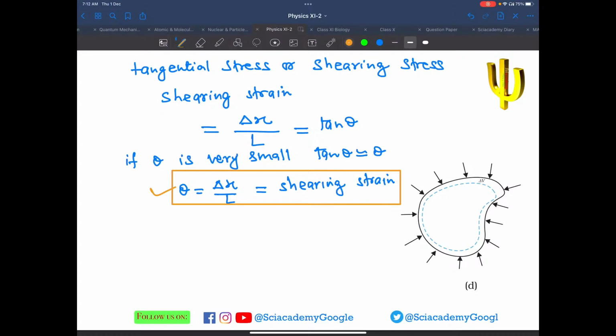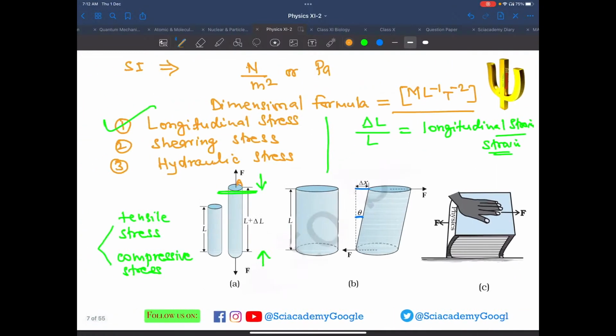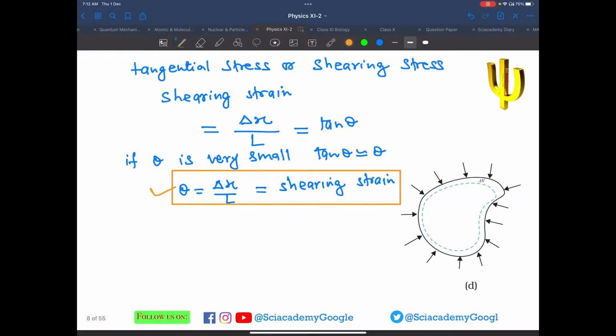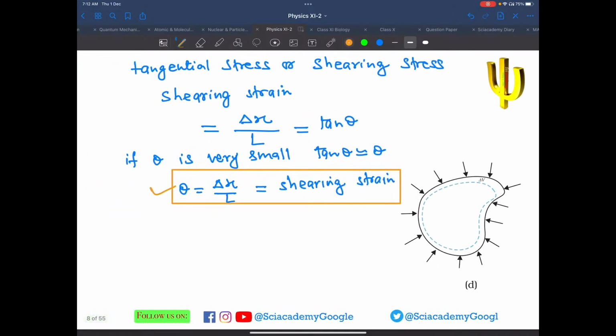Now, up to now we discussed the longitudinal stress, longitudinal strain, shearing stress, shearing strain. Now let us take the third type of stress, that is hydraulic stress.